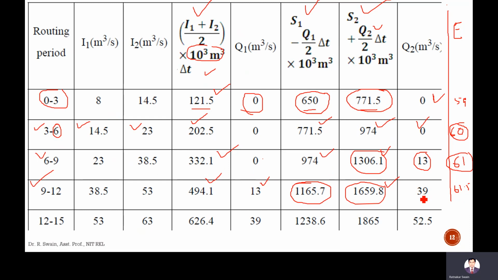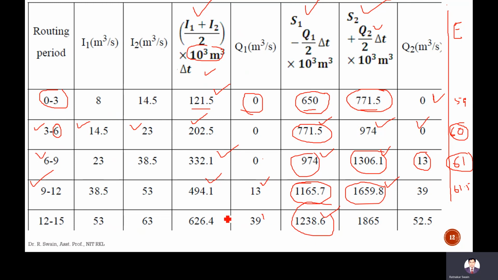So like this the whole routing is carried out, okay. For every time step we have to check the previous elevation, and corresponding to that elevation the S1 and Q1 are obtained from the plot, and this S1 minus Q1 by 2 delta T is obtained.